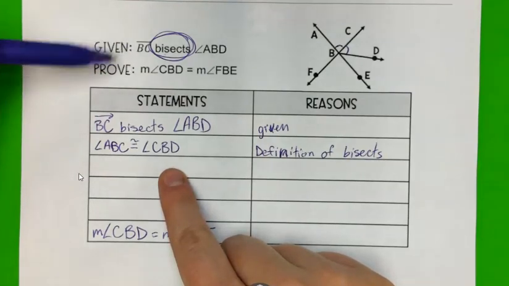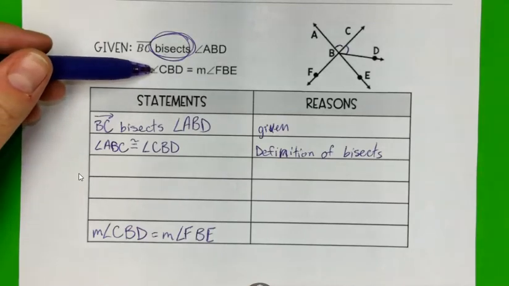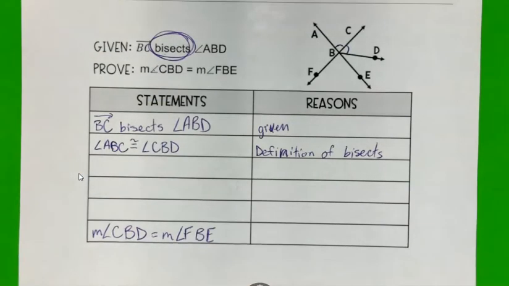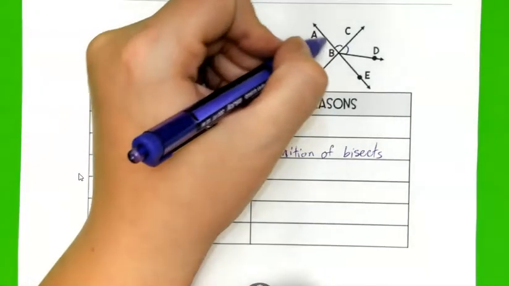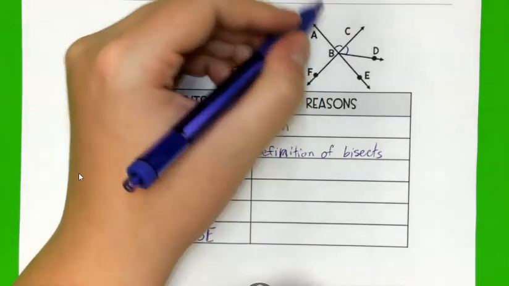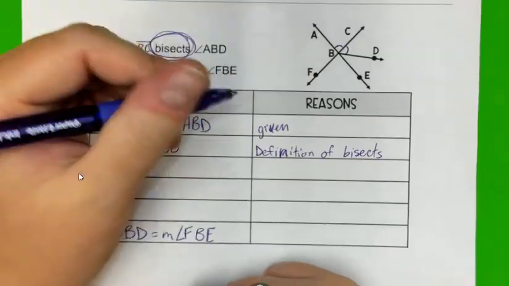And then we are trying to ultimately prove that CBD and FBE are equal to each other. So we have to figure out some way to get FBE into the loop. Well, one thing that we know is that these two lines create vertical angles.